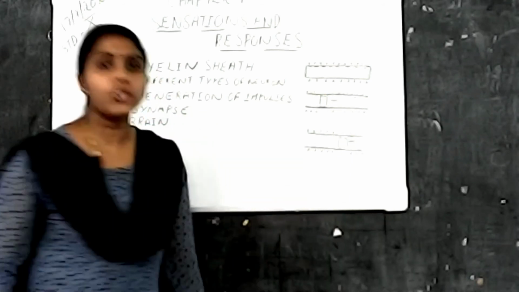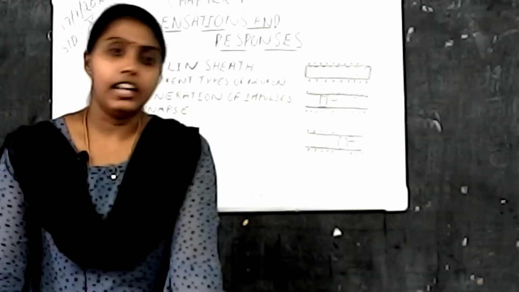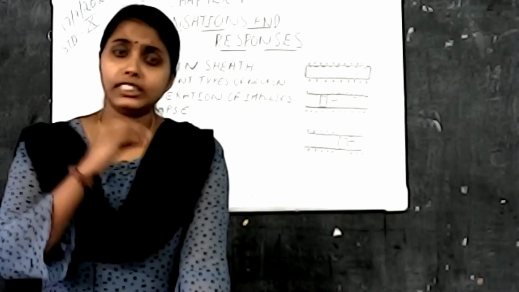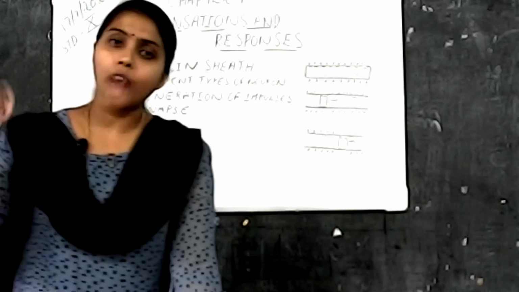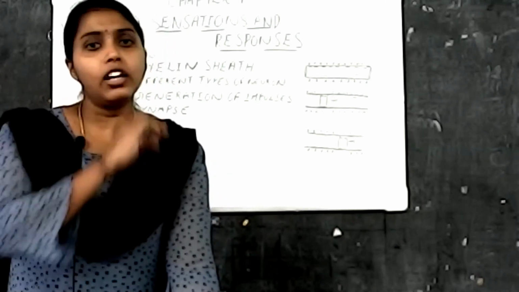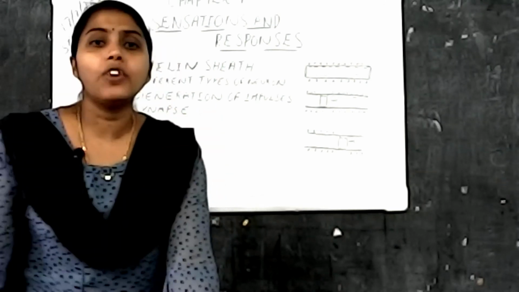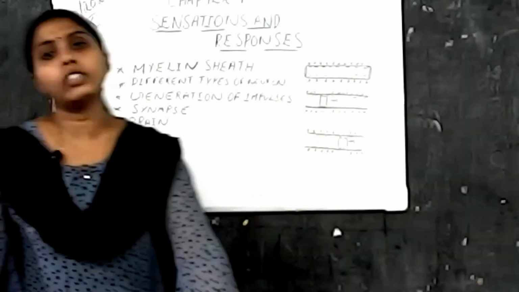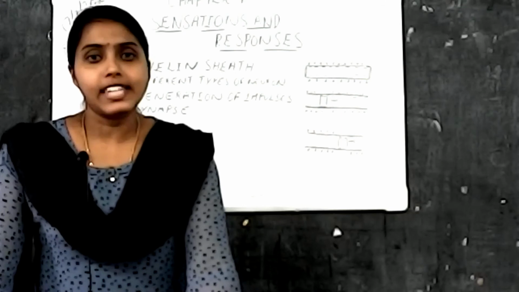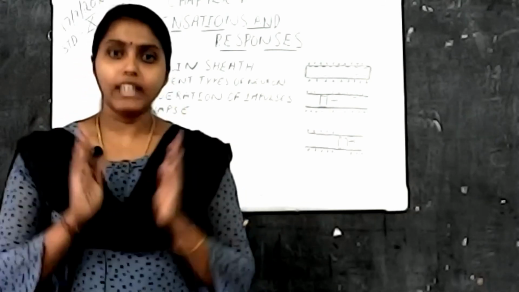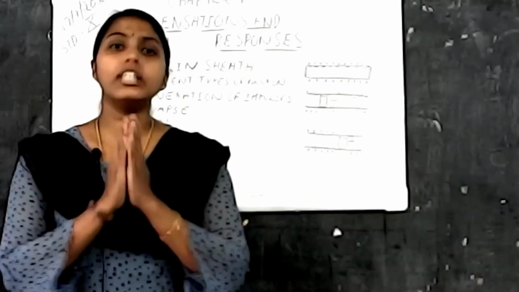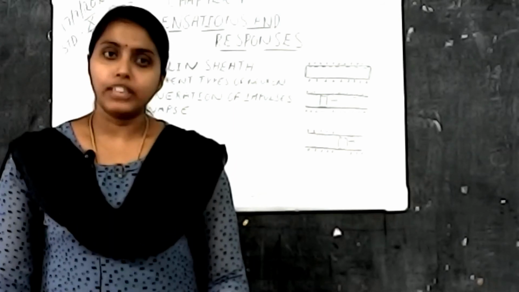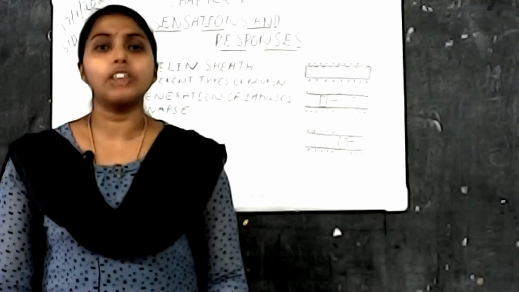So according to the movement of the stimulus, the charge difference occurs. When the stimulus moves from the axon to the axonite, the plasma membrane of the axon will be as usual, that is, positively charged outside and negatively charged inside. So you have to keep in your mind one thing: where the stimulus is, there occurs the charge difference, and that charge difference is not permanent.